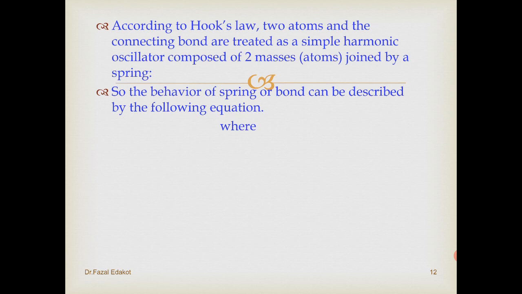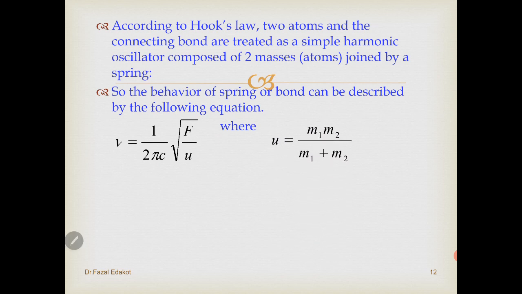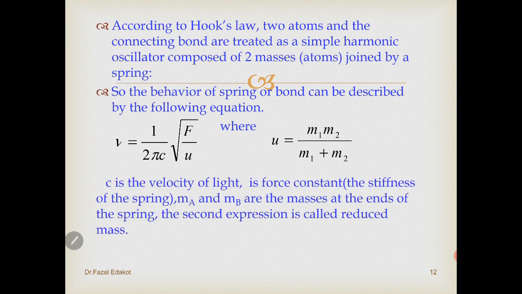So the behavior of the spring or the bond can be described by the following equation: nu equals 1 over 2 pi c times the square root of F over mu, where mu is the unified mass, m1 times m2 divided by m1 plus m2. C is the velocity of light and F is the force constant, the stiffness of the spring. Ma and Mb are the masses at the ends of the spring. The second expression is called the reduced mass or unified mass.